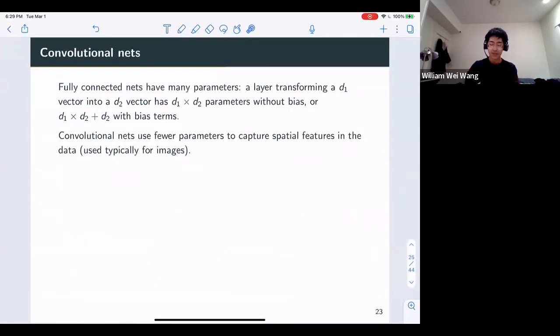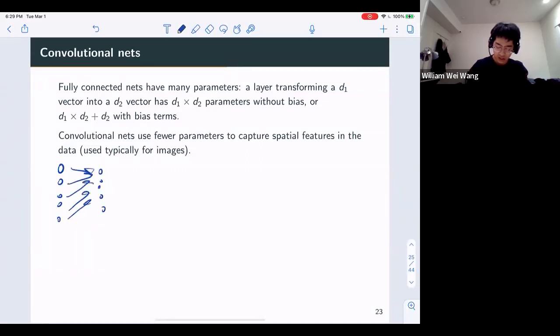So, okay. Different types of neural networks. I'm going to go through this quite fast because I have a lot more to cover. So, convolutional nets, you should remember what they're for, usually for image data. Fully connected networks have a bunch of neurons, and a bunch of connections, and so on.